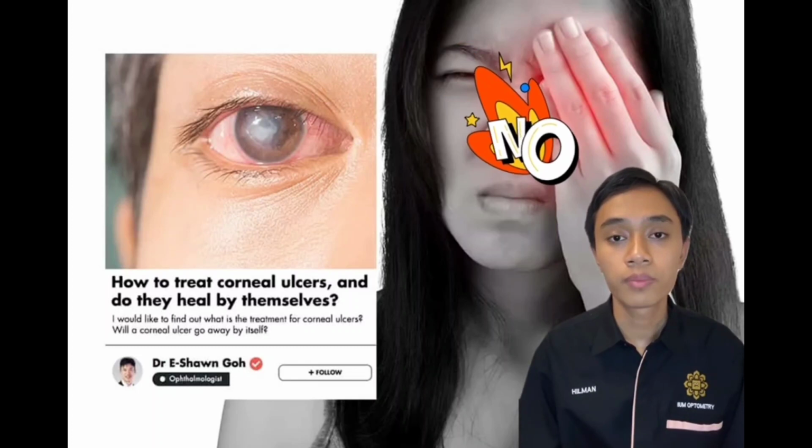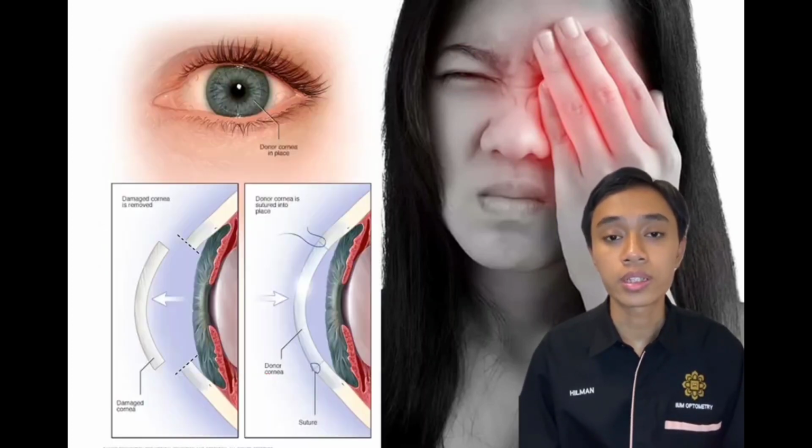During treatment, your doctor will likely ask you to avoid wearing contact lenses, wearing makeup, taking other medication, and touching your eye unnecessarily. In severe cases, the corneal ulcer may warrant a corneal transplant. A corneal transplant involves the surgical removal of the corneal tissue and its replacement with donor tissue.